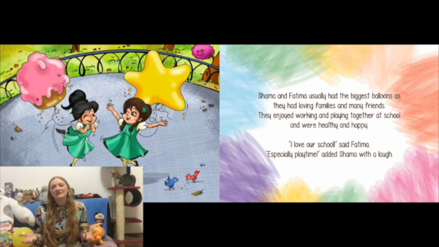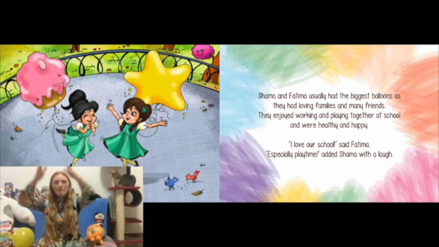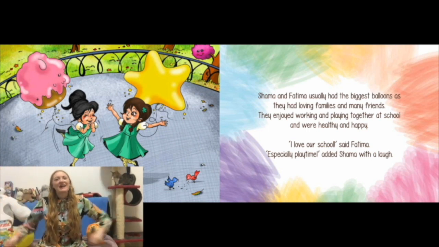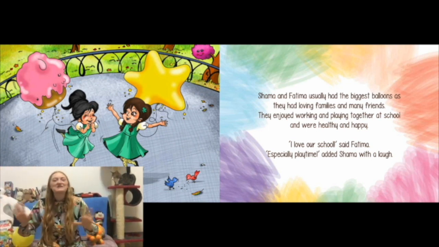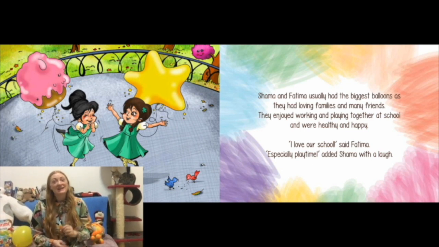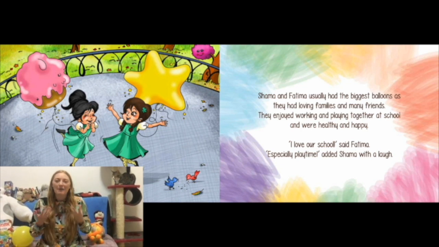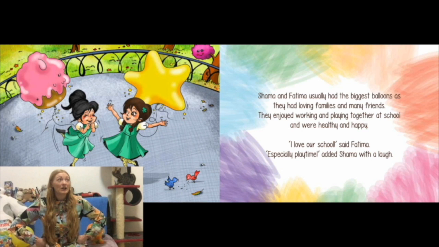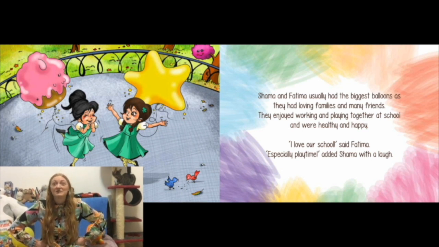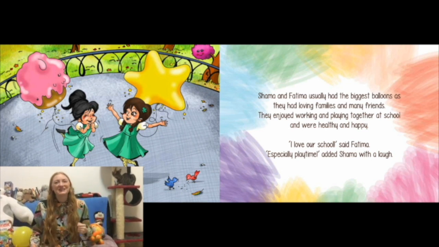Sharma and Fatima usually had the biggest balloons as they had loving families and many friends. They enjoyed working and playing together at school and were healthy and happy. "I love our school," said Fatima. "Especially playtime," added Sharma with a laugh.